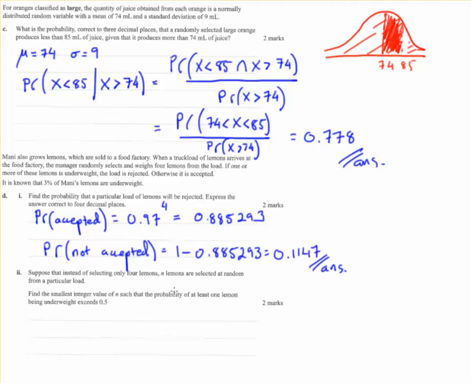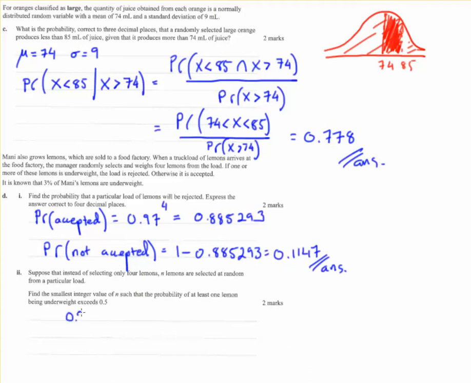Now the manager decides to pick n lemons, and we want to know the value of n such that the probability of at least 1 lemon being underweight is greater than a half. How do we do this? One way to think about it is in terms of success: getting lemons that aren't underweight, and then taking the complement is probably the easiest way to go.